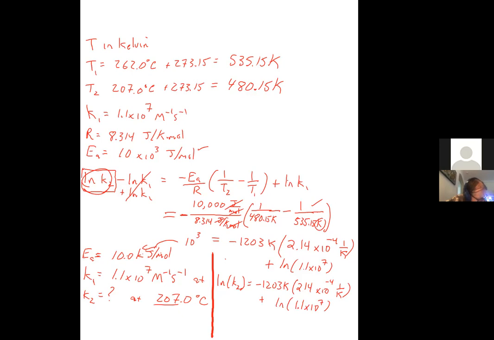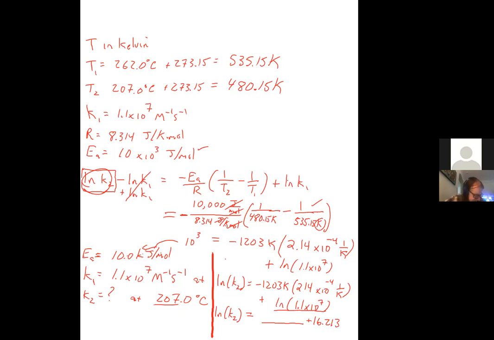So this is going to be ln of K2 equals, now, I'm going to write here. We're going to get a number here, and I'm going to say plus 16.213. So that's what I got for that right there. So now 1203 negative times 2.14 times 10 to the minus 4.